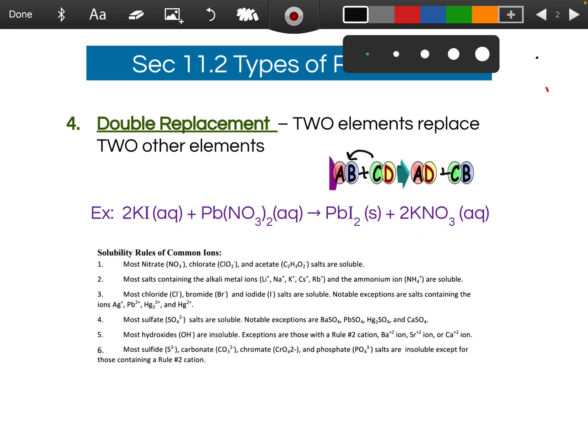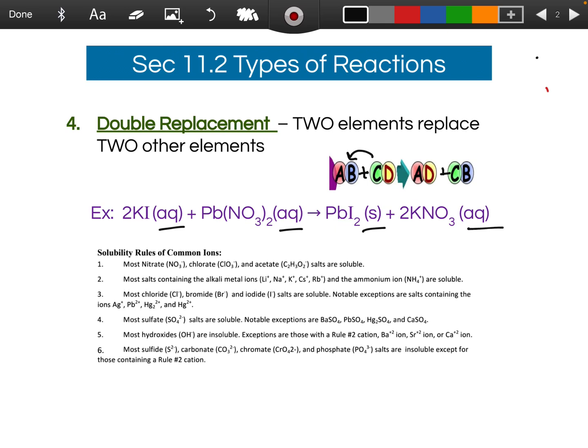All right, so another thing to notice is we have the aq and the s and the aq. So aqueous means that something is dissolved into solution. So KI and Pb(NO3)2 would both look like a solution, like the potassium iodide is dissolved, the lead nitrate is dissolved. So this would almost appear that two liquids are being mixed together.